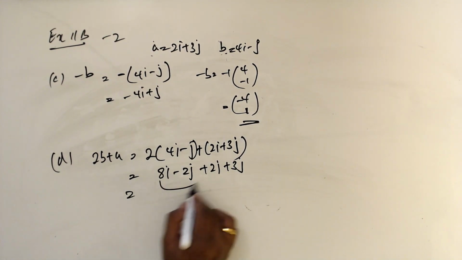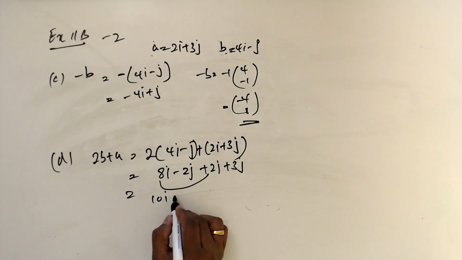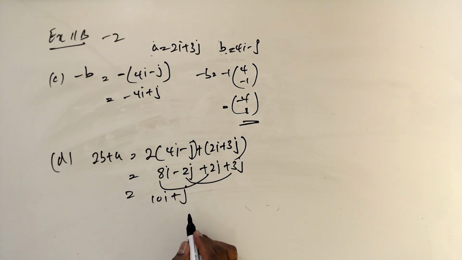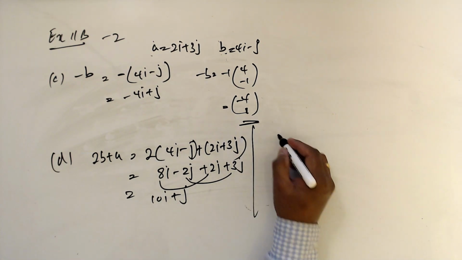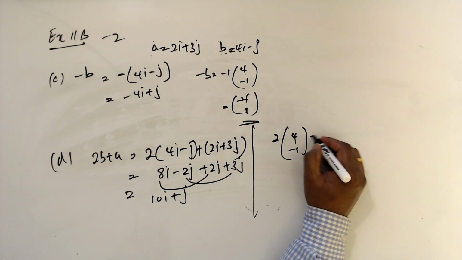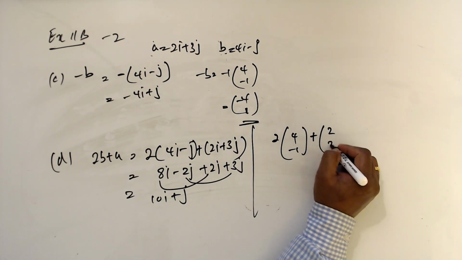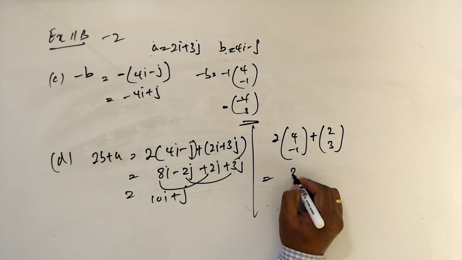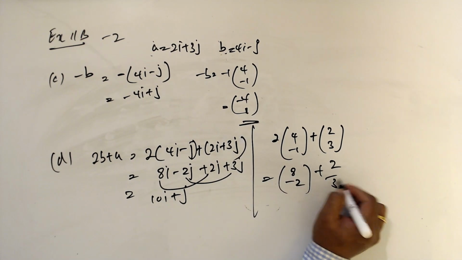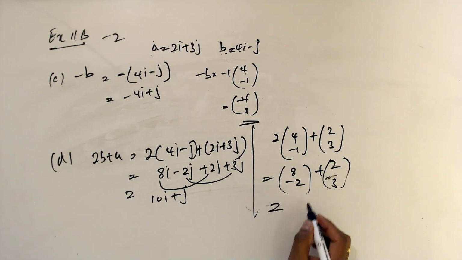So this is 10i plus j. 2 times 4 minus 1 plus a 2 3. So this is going to be 8 minus 2. This will make 10 and 1.